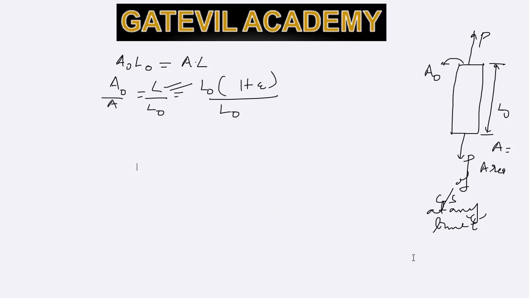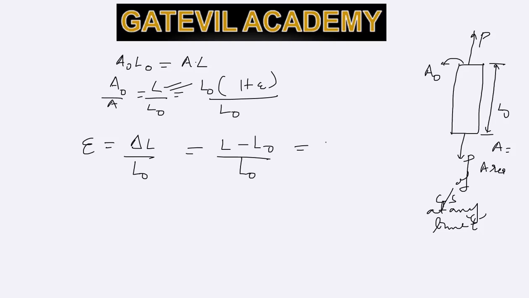Wait a minute. So epsilon, as we know, is the strain, which is the change in length divided by the original length. So change in length is L minus L naught. This is the change in length. This was the original length. I'm just writing L minus L naught in place of L naught minus L, just to make it positive, divided by L naught.